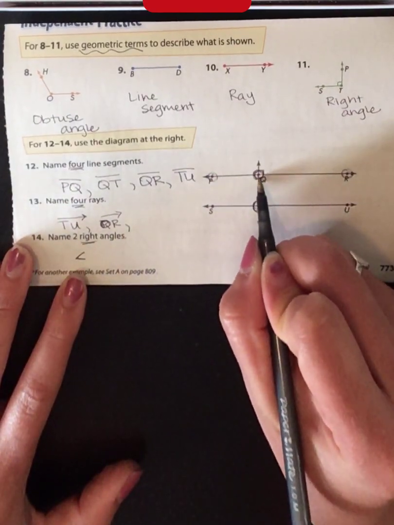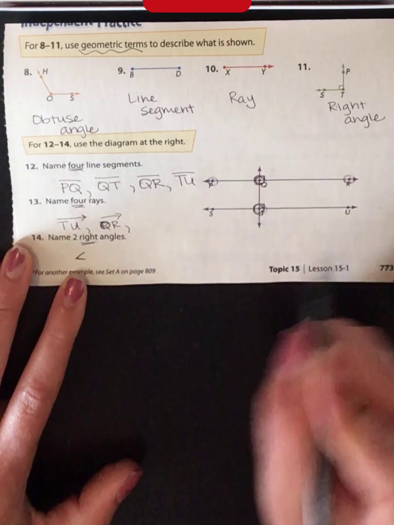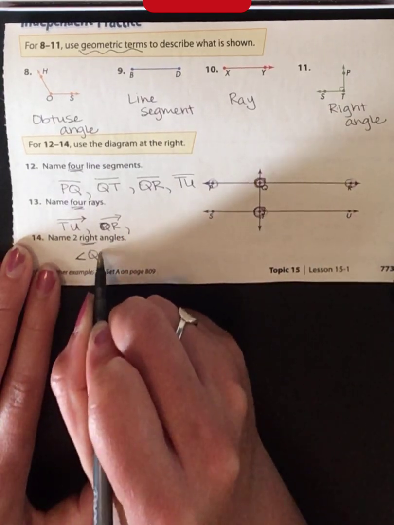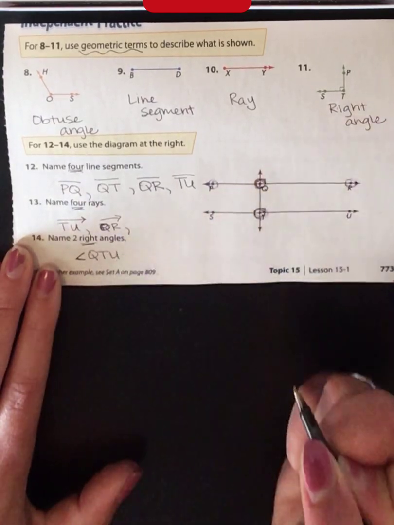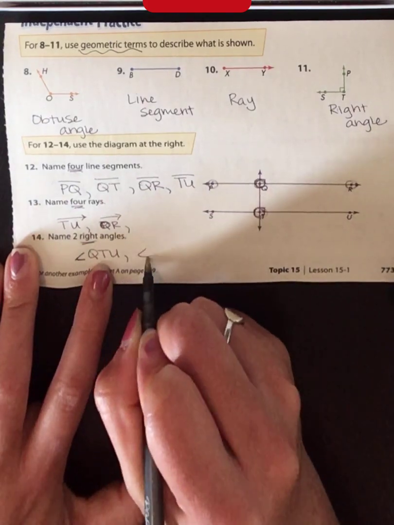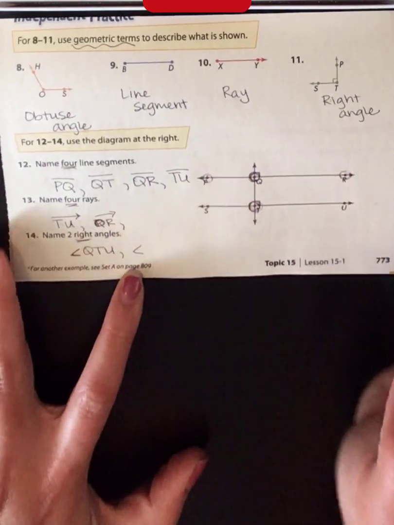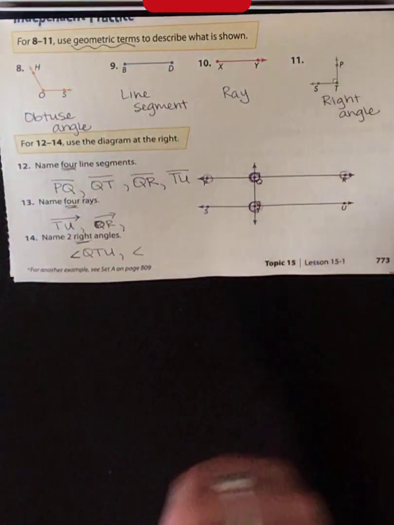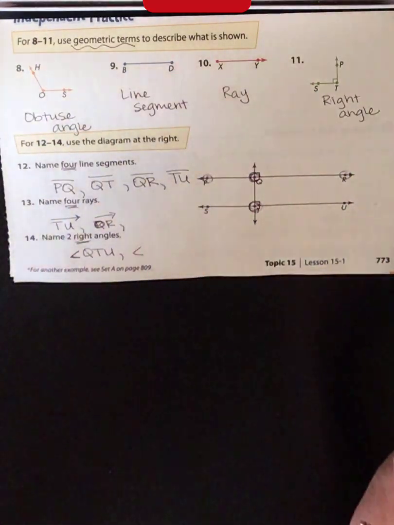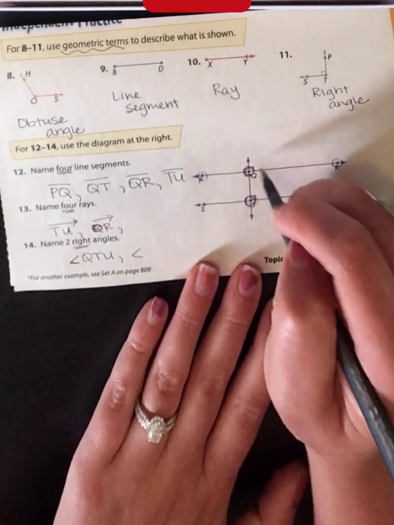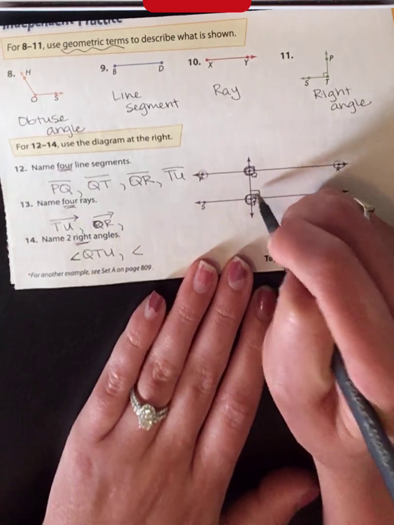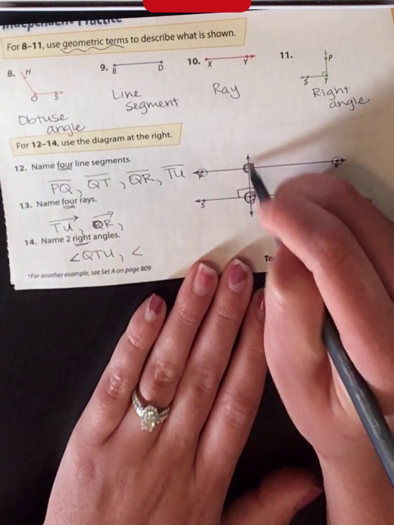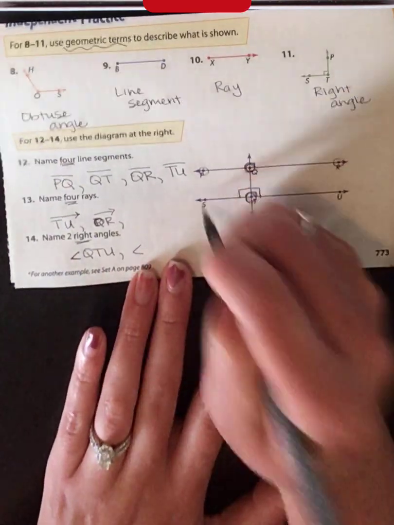So you could say Q, T, U. We would say angle QTU. That was one. Now we could go in a different direction. We also have a right angle right here with Q, T, S.